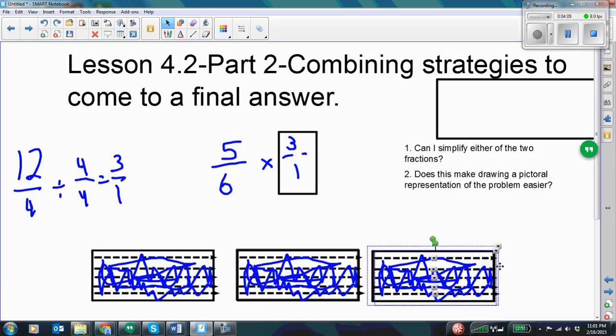Right. So as I look at my picture now, I know that if I look at one rectangle, it takes 6 parts in order for it to equal 1 whole. Right. So 6 parts within any one whole rectangle, which represents one of my 3 wholes.